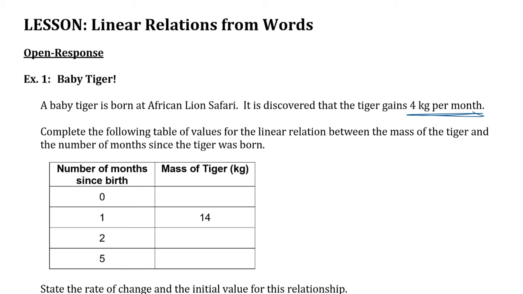So don't use your intuition to say it doesn't make sense for zero, like, when a tiger is born, it has a mass, so it can't be direct and it can't have zero mass when it's born. You're right, that's true, but it's possible that a question will come up where it doesn't sensibly match the real world. So you have to look at the math, is what I'm trying to say. You have to look at the math.